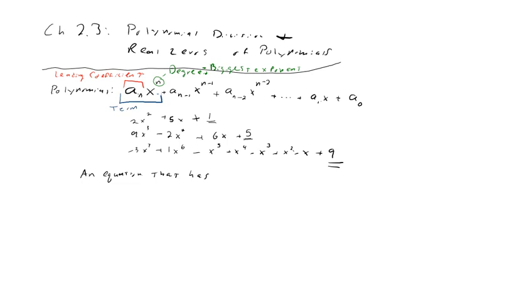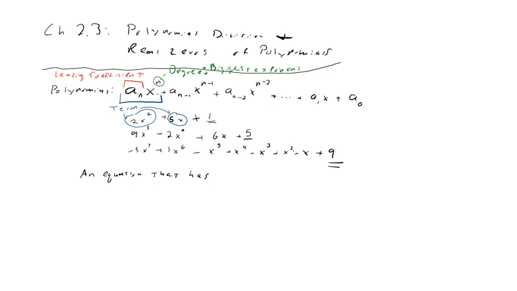A coefficient times a variable. So this 2x squared is a term. 5x is a term. All these are terms. Each grouping we call a term.